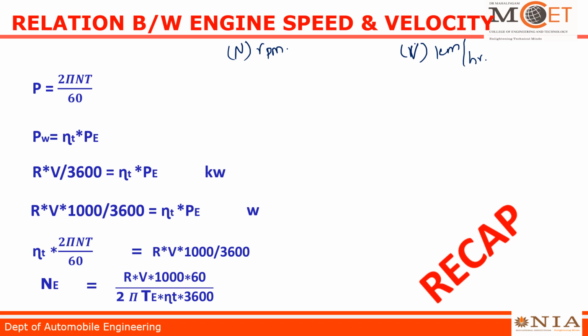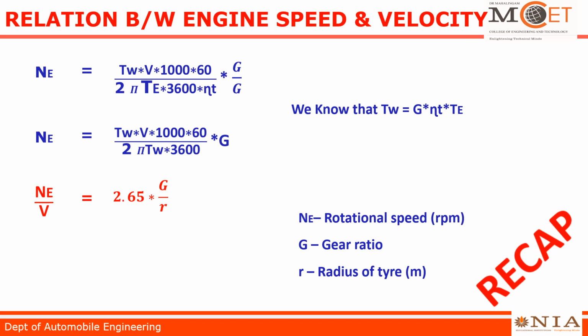So we concluded that the power available at wheel PW equals transmission efficiency eta T times engine power PE. Here we can say the relationship between engine speed and vehicle velocity: N_E divided by V equals 2.65 G by R. N_E by V is directly proportional to gear ratio divided by wheel radius.